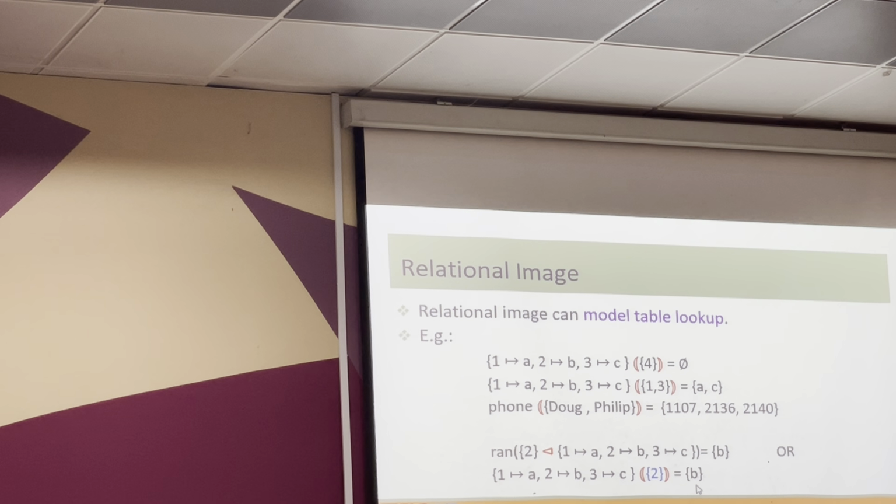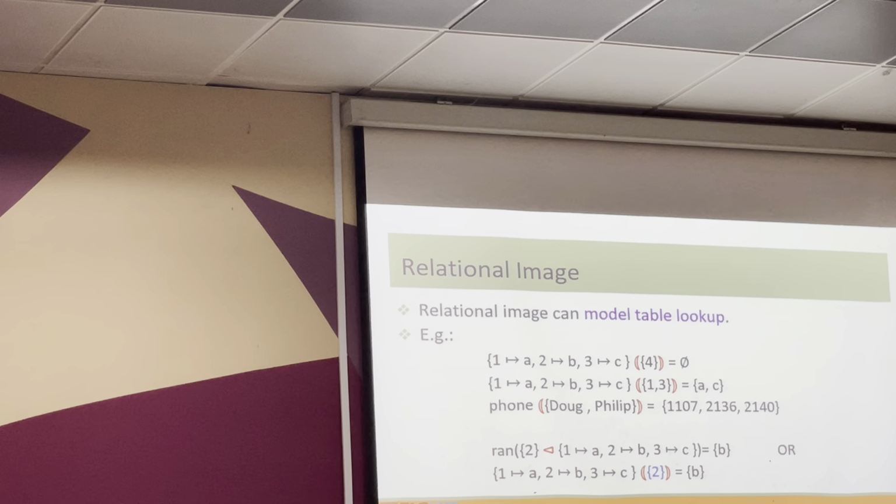So when you want to manipulate your data, if you have the domain data, you can choose either to go for domain restriction or relational image, according to what way you want to do that. Either way to write, as long as you get the correct answer, is okay.